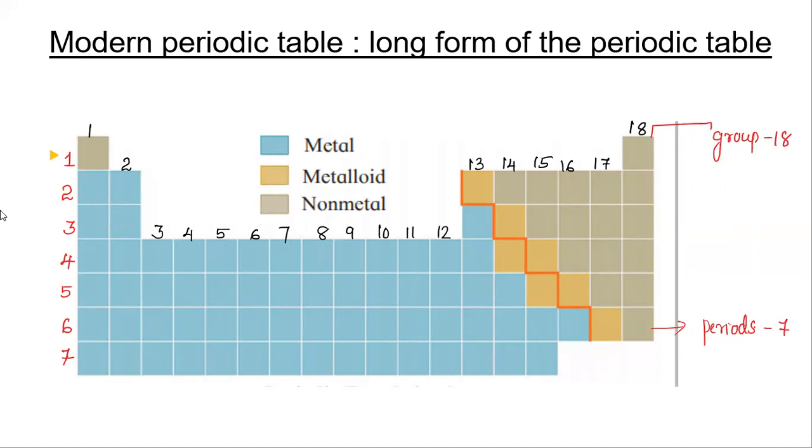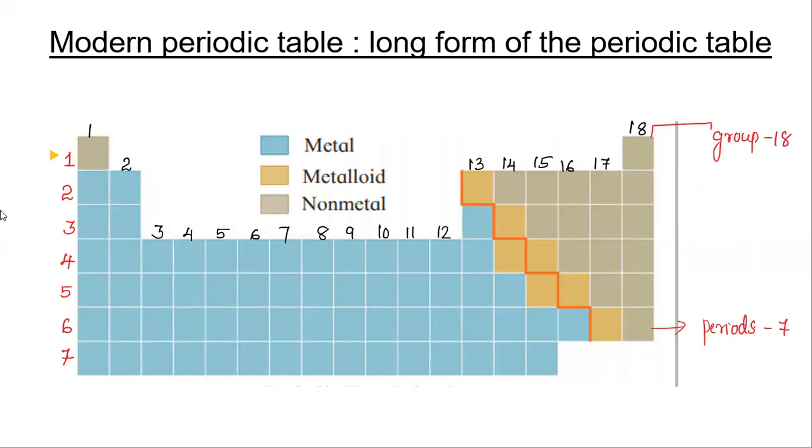Now here you can see a zigzag line. The metalloid elements lie along the border of this zigzag line. Elements to the left of this zigzag line are metals, and those to the right are non-metals.